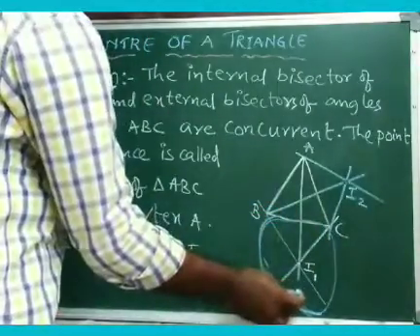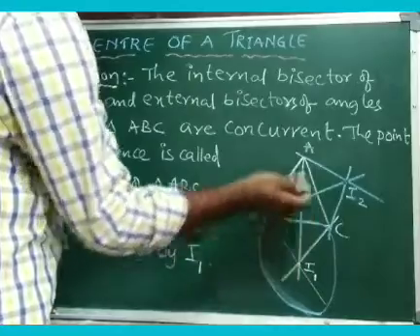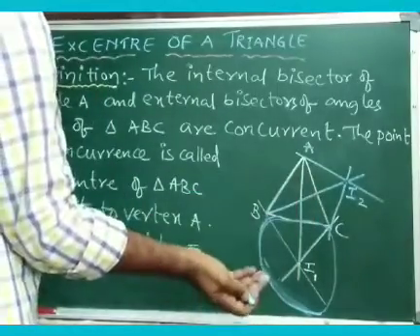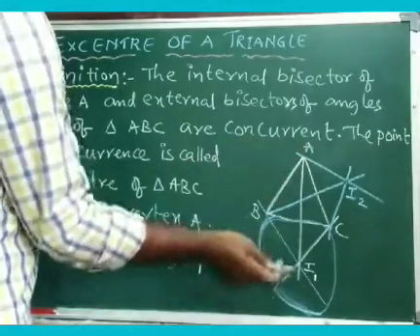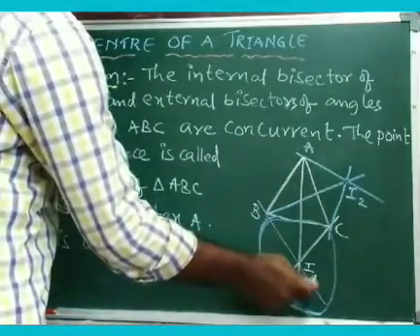This is the excircle of the triangle, known as the excircle opposite to vertex A, and its center is denoted by I1.